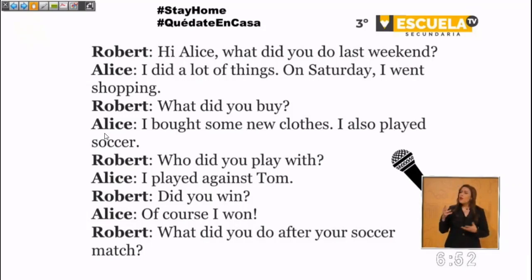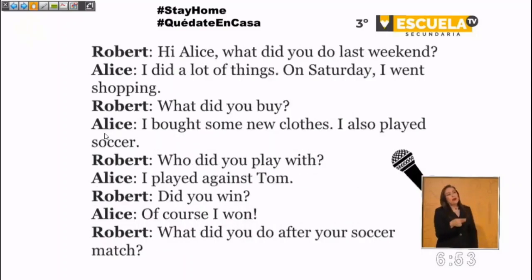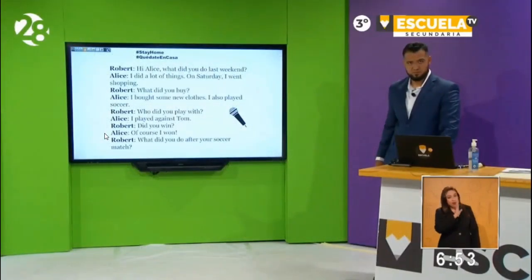What did you do after your soccer match? Well, I went home and took a shower and then went out. Did you eat in a restaurant? Did you enjoy your dinner? Yes, we enjoyed our dinner very much. Unfortunately, I didn't go out this weekend. I didn't eat in a restaurant and I didn't play soccer. What did you do? I stayed at home and studied for my test. Poor you. Thank you and goodbye. And well, that was it. Thank you so much for listening.